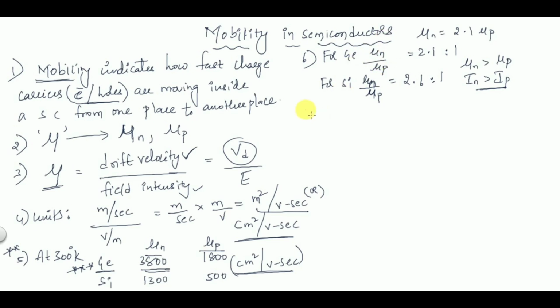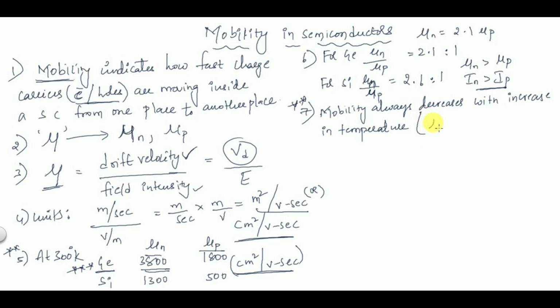Okay. Seventh, mobility always decreases with increase in temperature. This is a very, very important point. So mobility relationship with the temperature: as temperature increases in a semiconductor, mobility is going to be decreased.